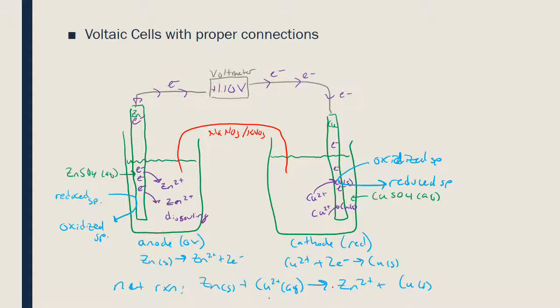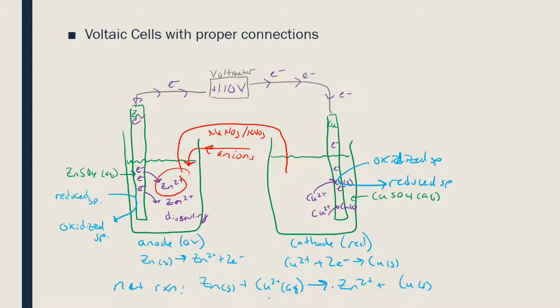Now what about the salt bridge? Okay, so what the salt bridge does is it allows a neutralization to occur. So as zinc is dissolving, right, that solution is becoming more and more positive. So the anions in the salt bridge are going to move into this solution that is becoming positive to help neutralize it. And that allows the voltaic cell to run longer than it typically would.